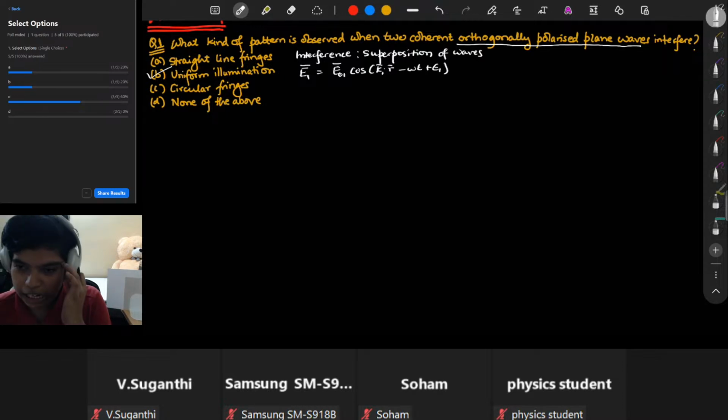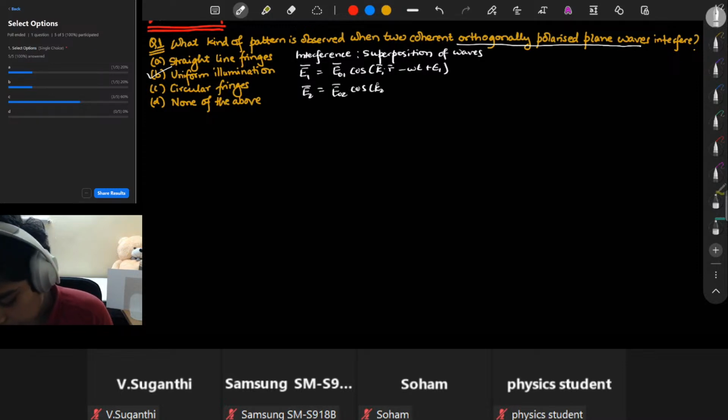Epsilon 1 is the initial phase. E2 is E02 cosine of K2 dot R minus omega t plus epsilon 2.